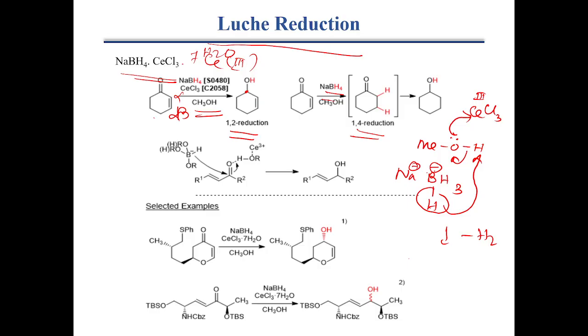As boron has donated one hydride, it will be neutral BH3, and methoxide. So we all know boron has a vacant p orbital.